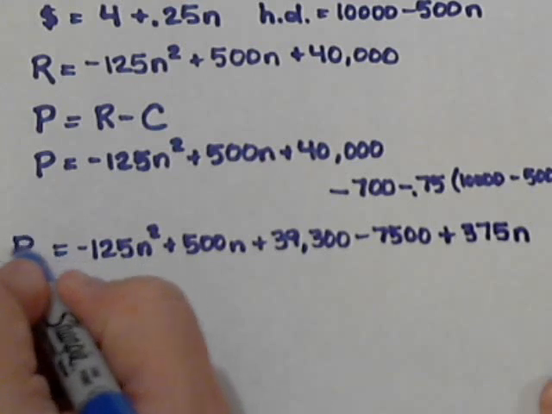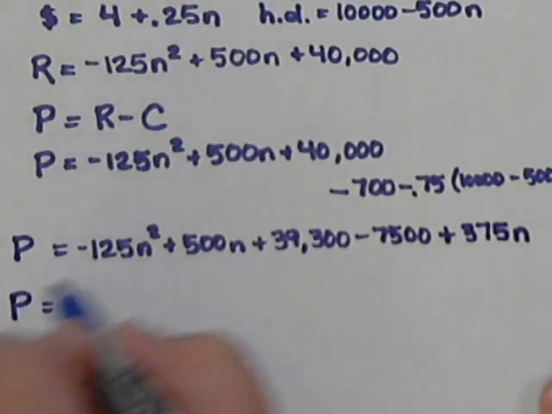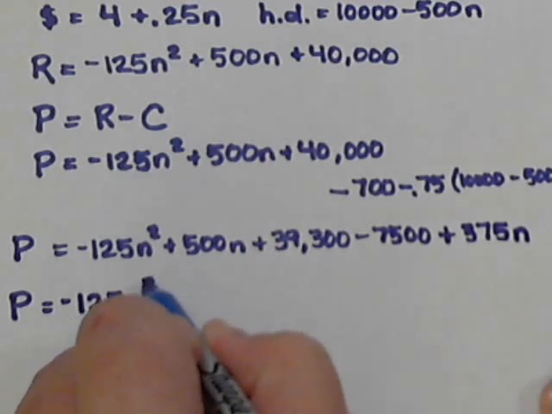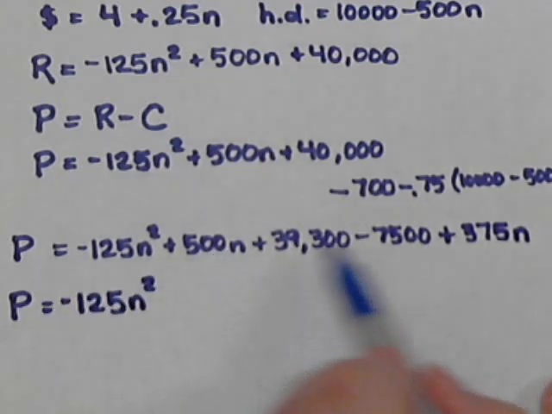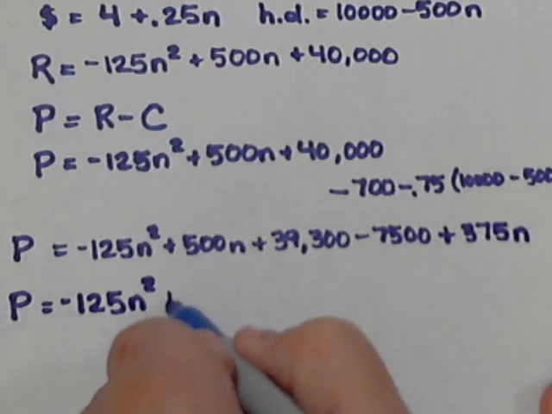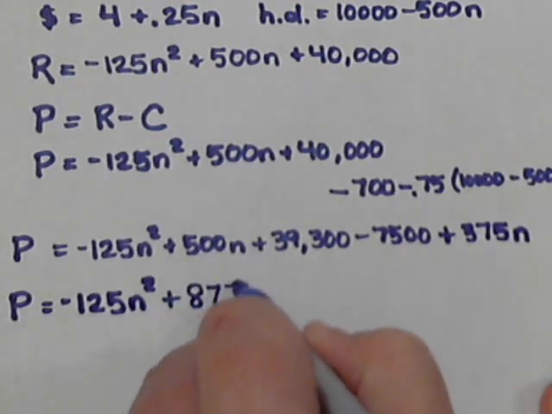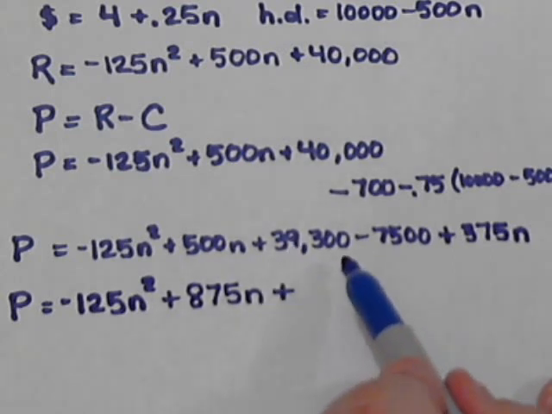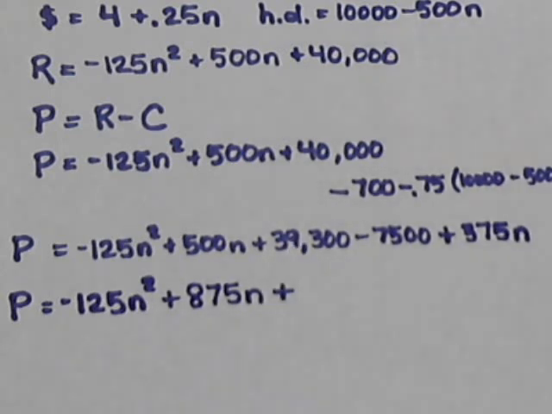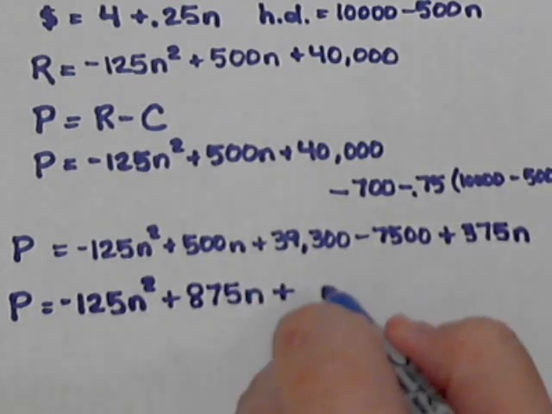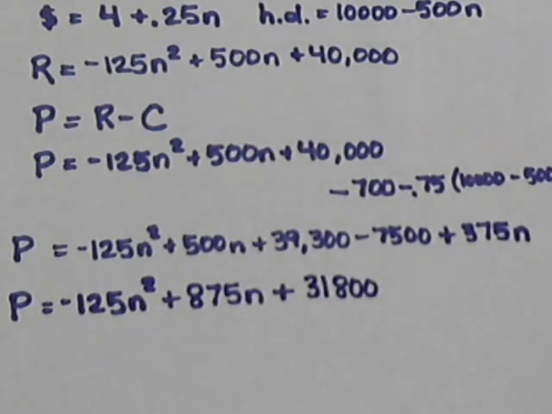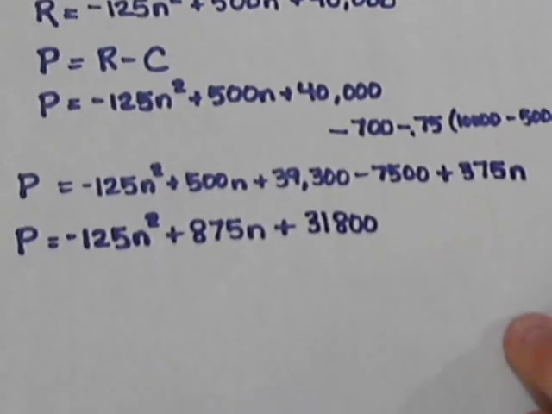We're going to simplify it one more time to get our profit equation. Negative 125n squared. Let's combine the n's: 500n plus 375n is 875n, plus 39,300 minus 7,500 leaves us with 31,800.